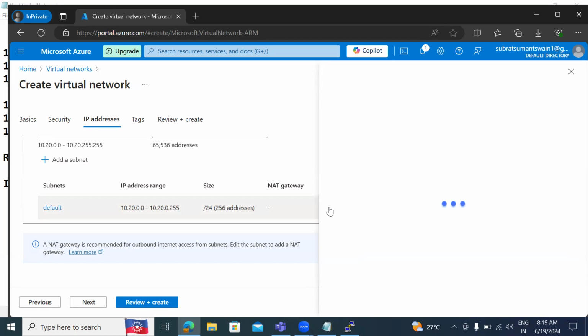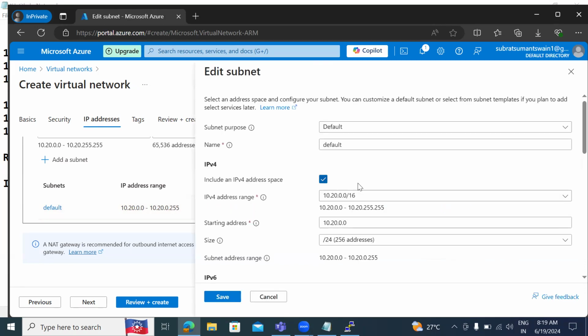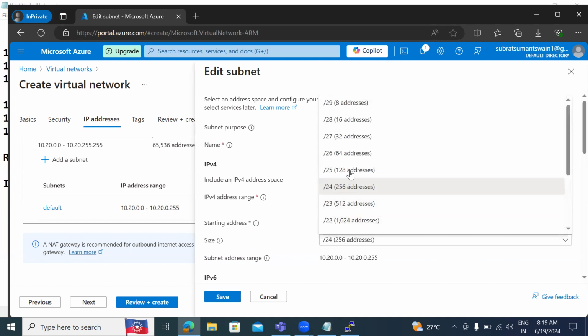Now you want to keep more VMs. For that purpose, I'm not going to use /24.